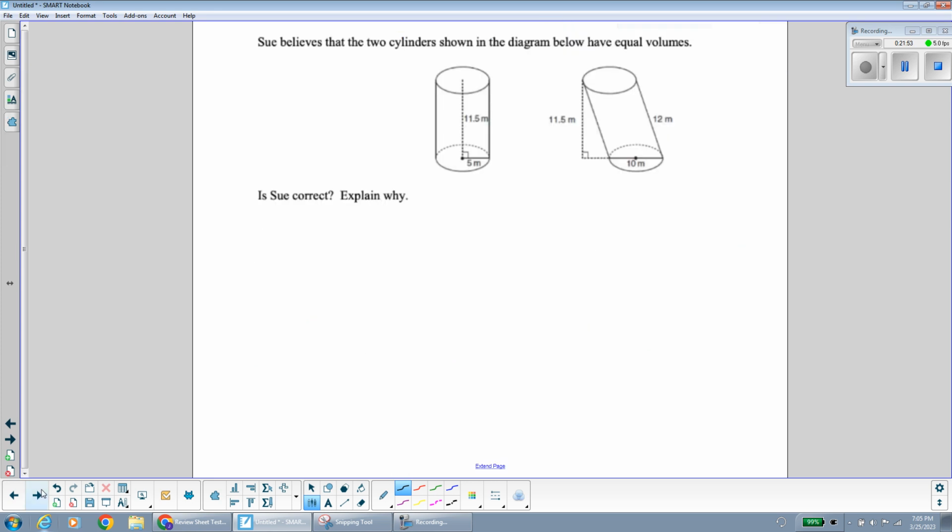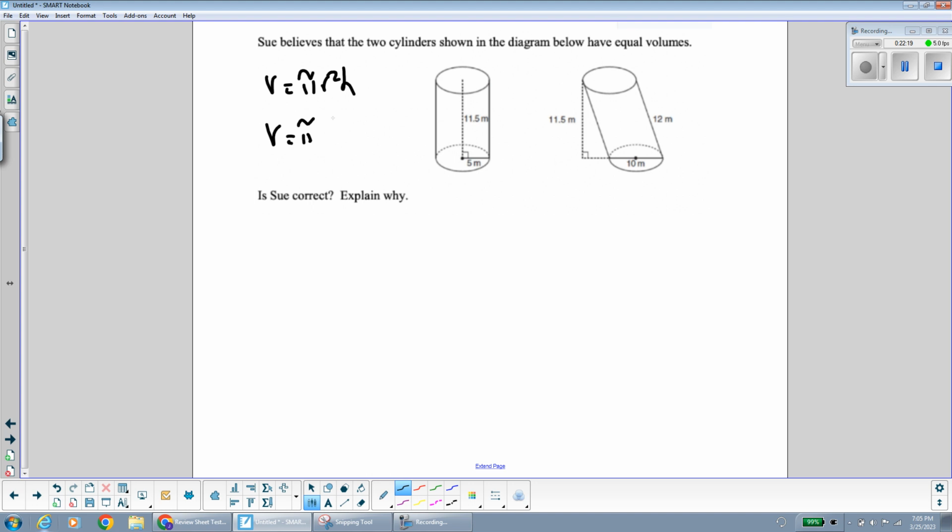So the last thing I'm going to talk about in this video is this question over here. We have two cylinders, and Sue thinks that these cylinders have equal volumes. The question is, is Sue correct? If we take a second and calculate the volumes of each, the volume formula of a cylinder is pi r squared times height.